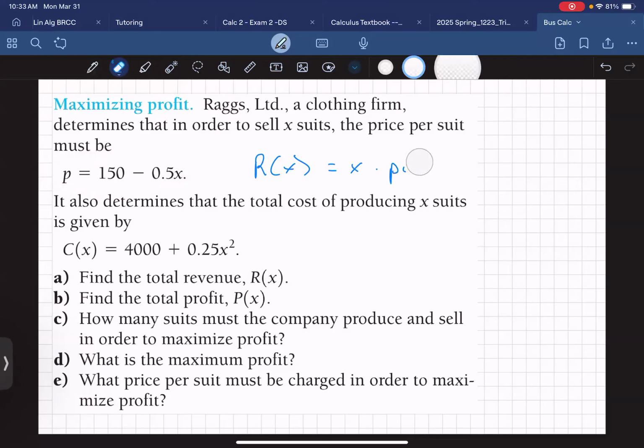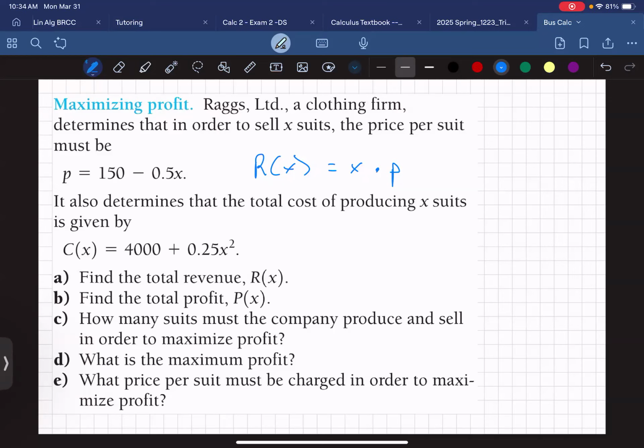I know they don't put a P of X, they just put P because they don't want you to think it's profit, it's the price. If you forget that, reason out to yourself, hey, if I sell 100 suits, whatever the cost is, it's 100 times that. The number of suits we're selling times the price of each suit will give me my revenue.